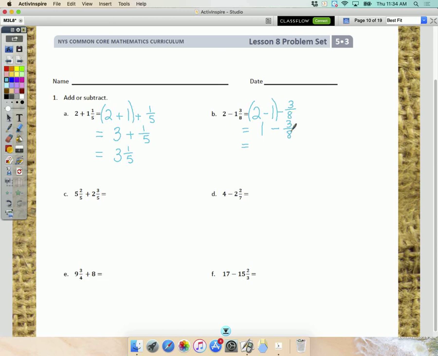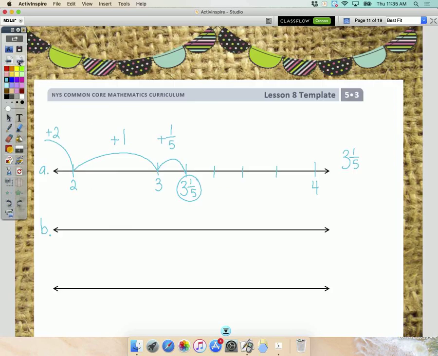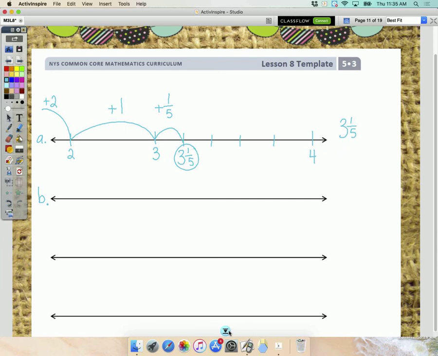Now this answer is harder. So Isaac, what is the answer to this problem? 5/8. You got it. Now keep that in front of you when we go to the template, okay? All right, so we're going to do B. And when we're subtracting, we're going to start over here on the right. So what does the problem start with? A 2?